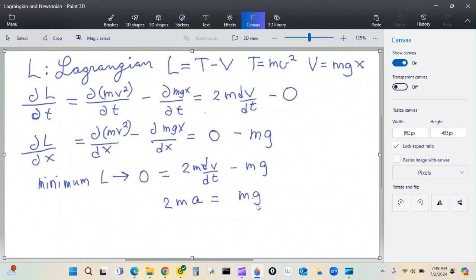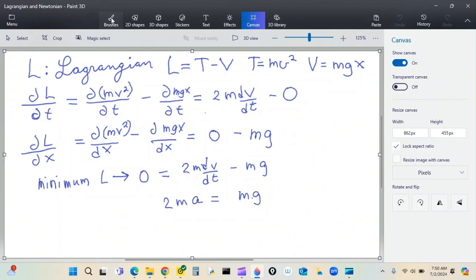Well, this doesn't work out quite right because this is actually the force above the Earth, the gravitational field times the mass. You got more mass, you got more gravitational force, and that should just be F equals ma. So let's see what we can do to fix that.